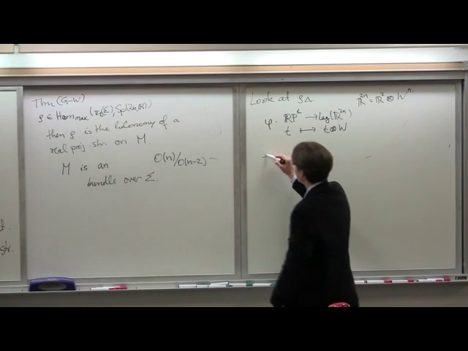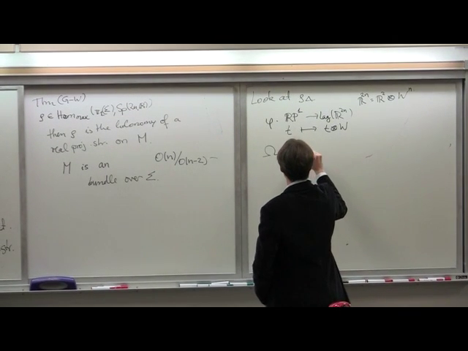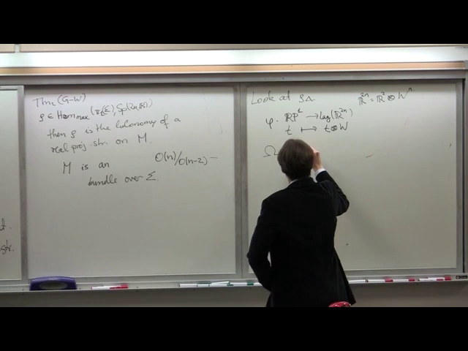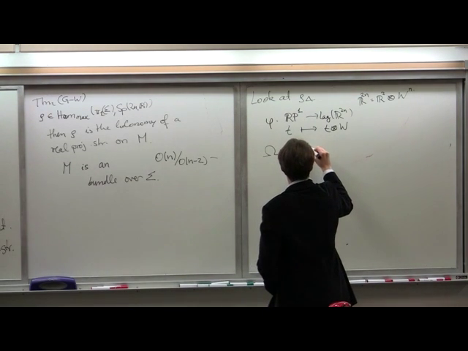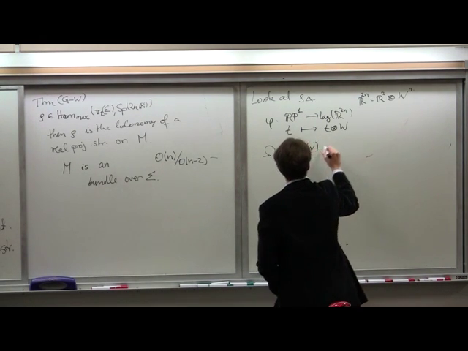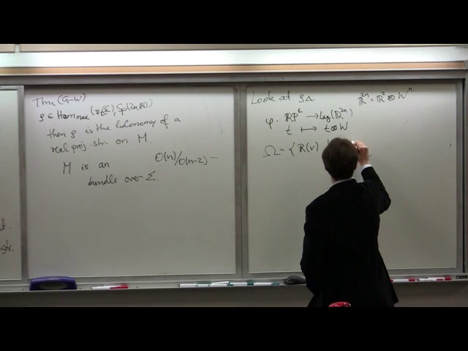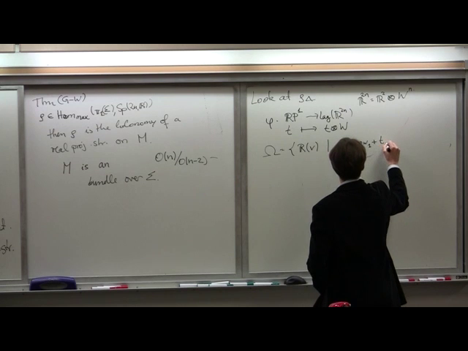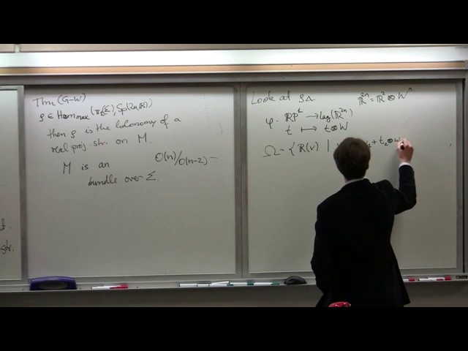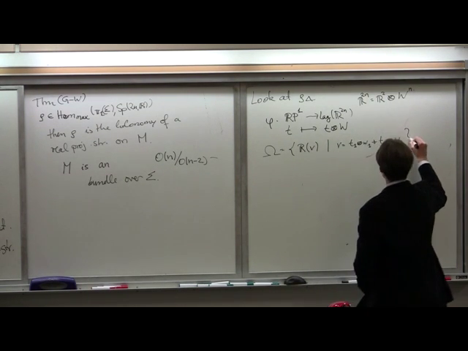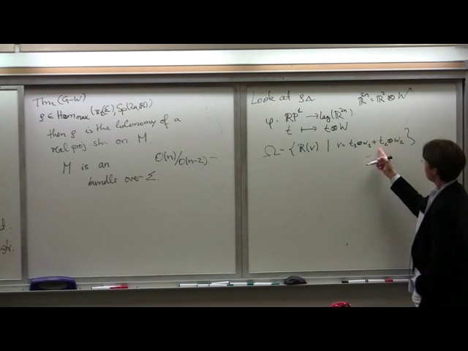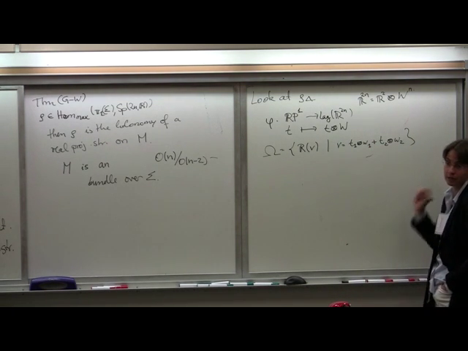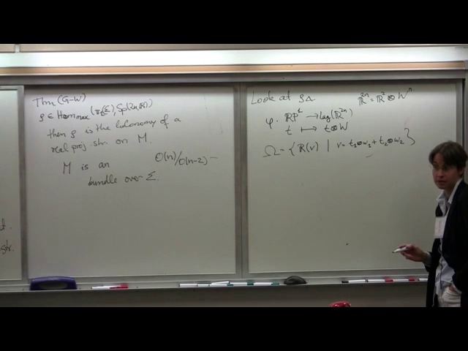So omega is the set of lines which are spanned by vectors V, where V is of the form T1 tensor W1 plus T2 tensor W2, where T1, T2 are linearly independent, and W1 and W2 are linearly independent.